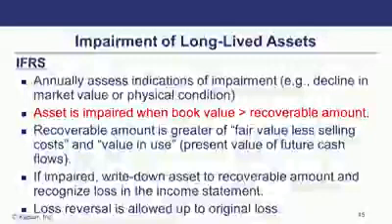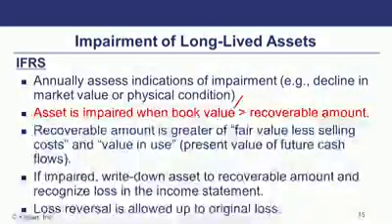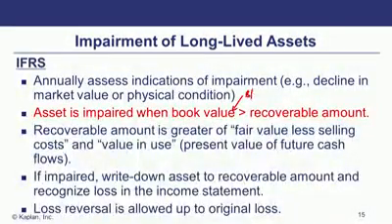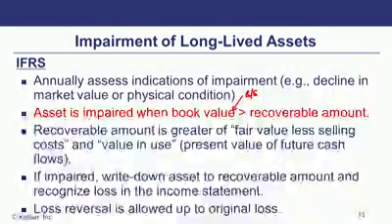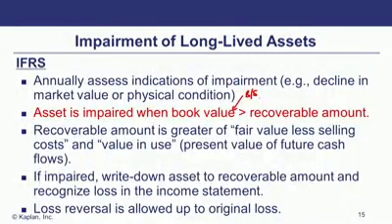Now, we have an impairment under IFRS when book value, carrying value, whatever they call it, it just simply means balance sheet value. So book value, which for our tangibles is historic cost less accumulated depreciation, typically. So when our book value is greater than the recoverable amount, then we have an impairment.